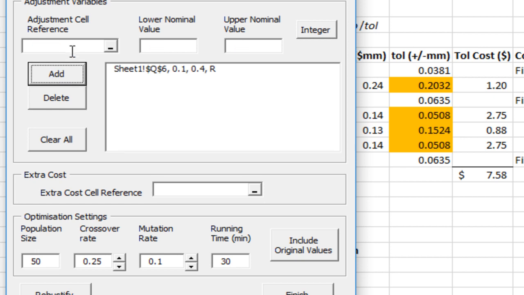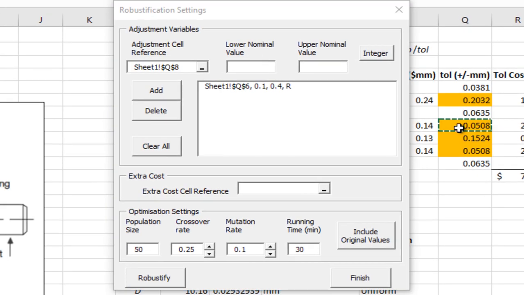So we'll add that one, and the next one is here, and I'm now going to say that we've started, say, 0.02, which is a little bit less than half, up to 0.1, which is double. We'll add that one.